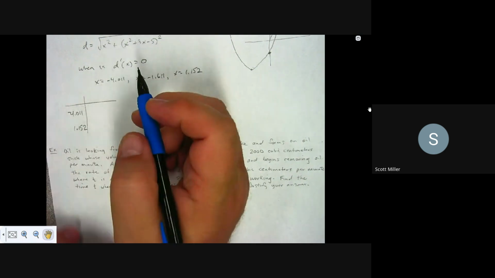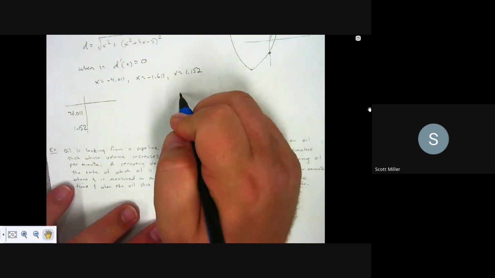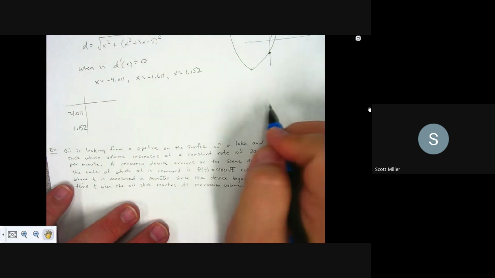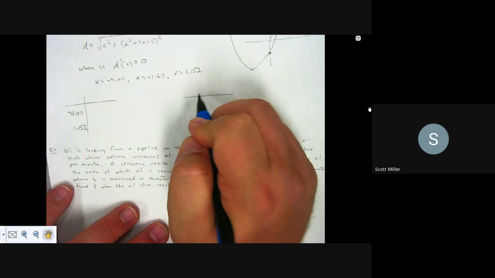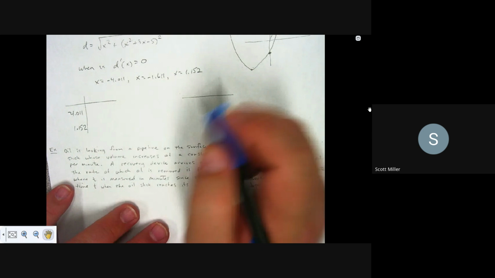Okay? And the only reason I don't have this one in there is because if you do the derivative and check it all out with the number line, you're going to find out that I only need to look for relative minimums, and there's two of them, and these two are relative minimums.